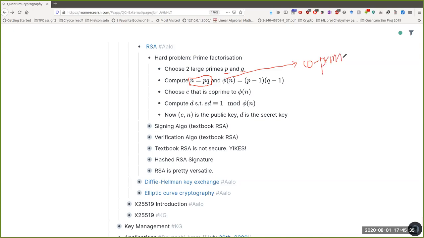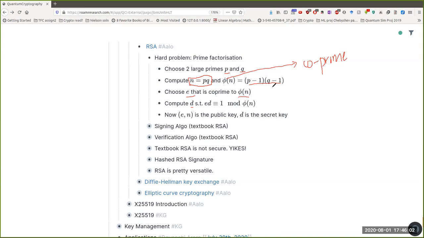So if you know that n has prime factors, you can easily write it as (p minus 1)(q minus 1). Now you choose E that is co-prime to phi of n, and I'll compute D such that ED is congruent to 1 modulo phi of n. Basically, I'm computing E inverse over here.